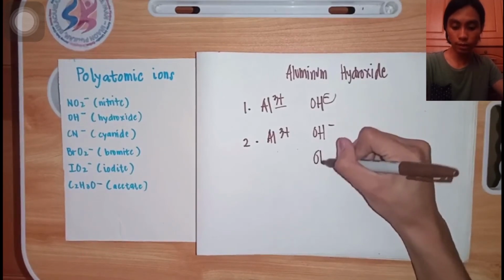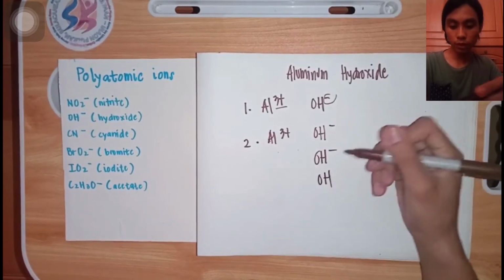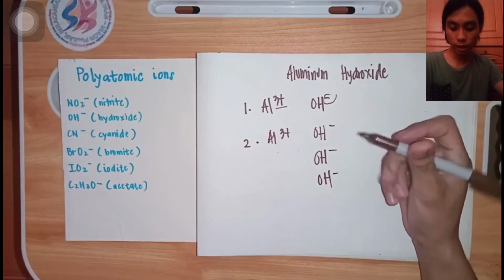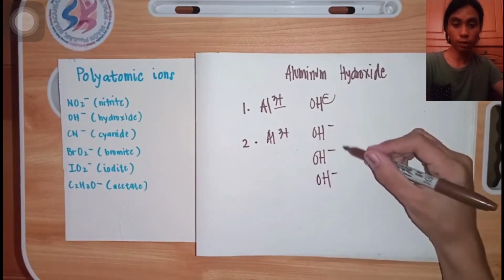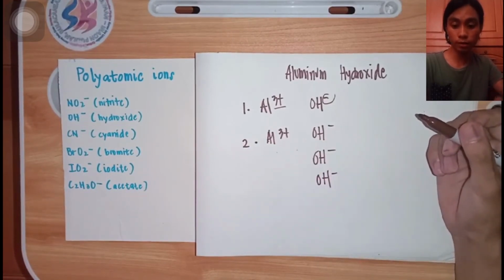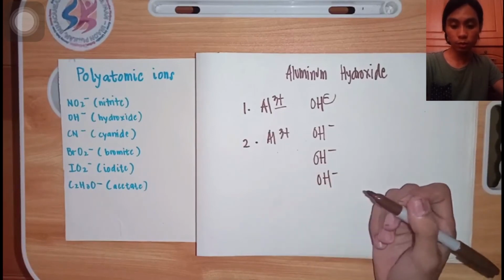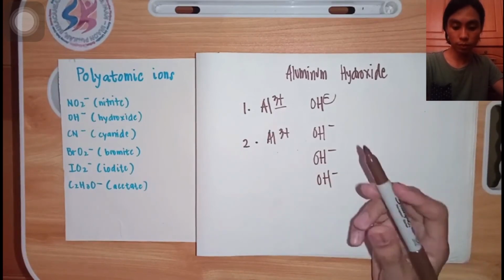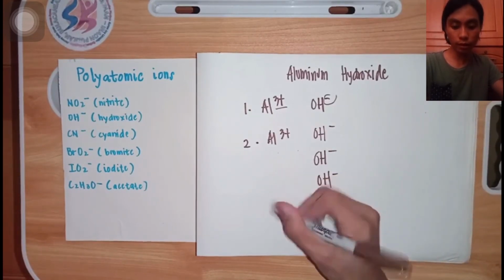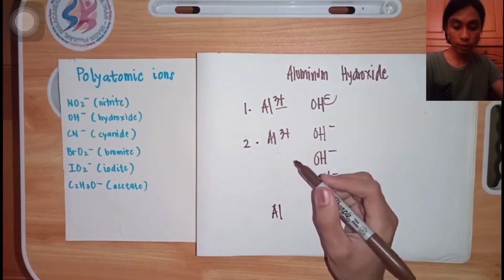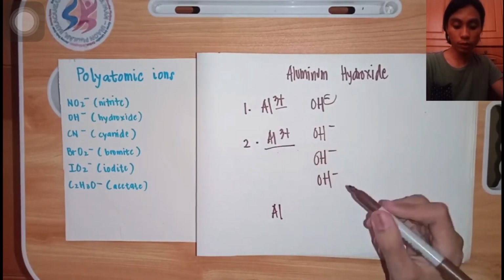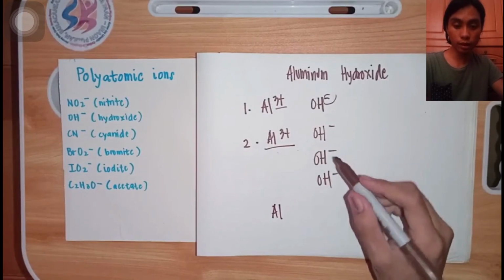For the last step, we need to write Al alone because we need only one aluminum, and for the hydroxide we have 3, so we need to multiply by 3 in hydroxide.